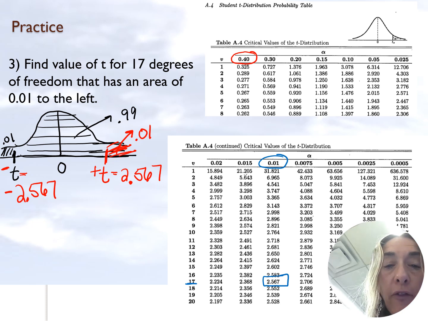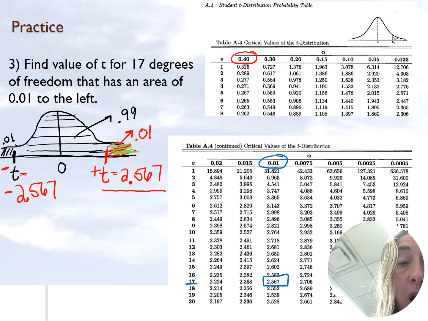Meaning if 2.567 has an area of 0.01 to the right of it, then due to symmetry, negative 2.567 also has an area of 0.01 to the left of it.